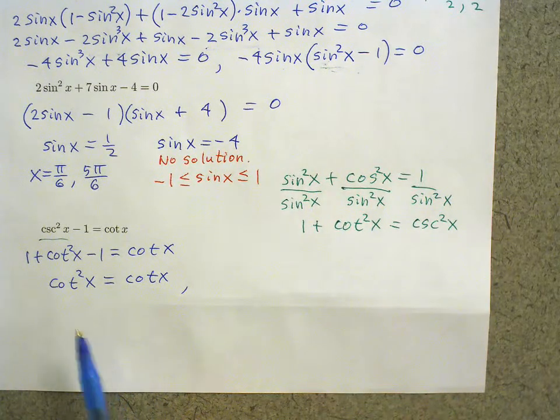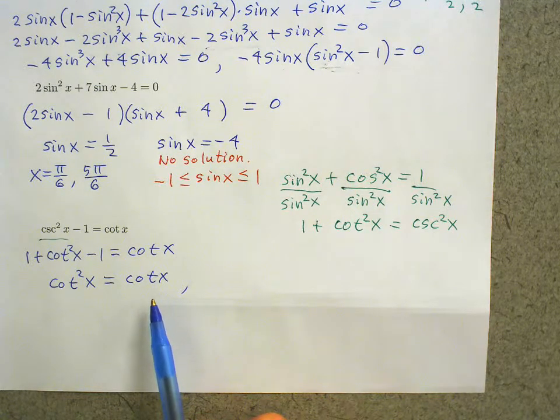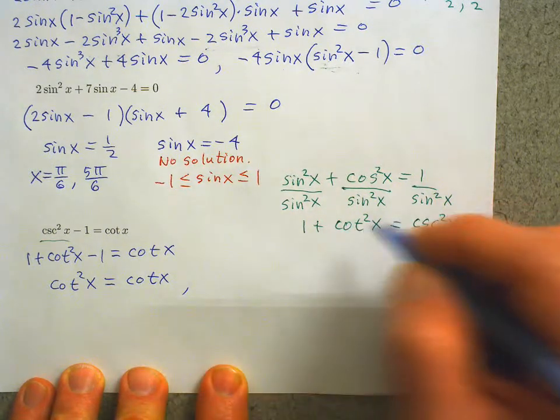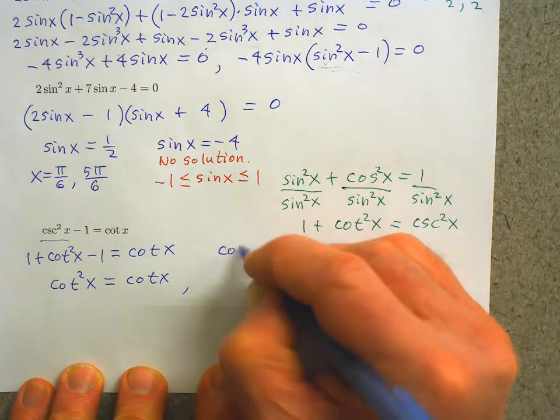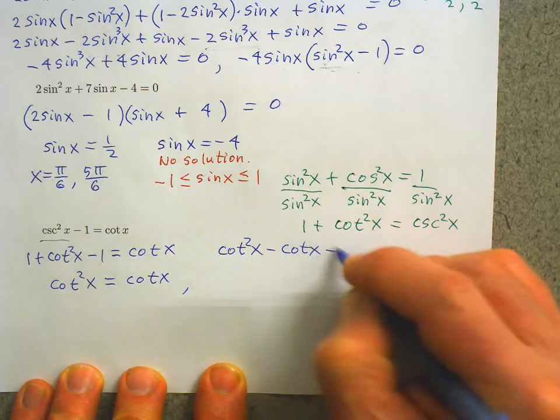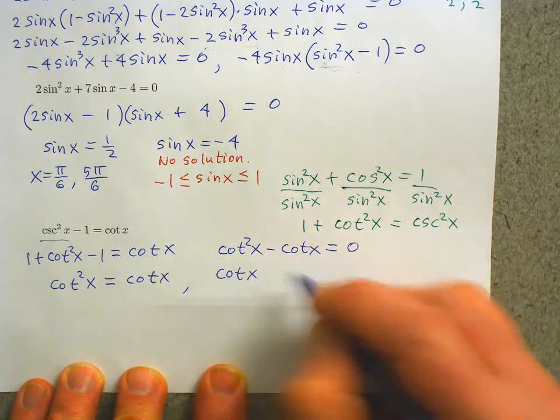If you are tempted to divide both sides by cotangent of x, well, that will lead to an annihilation of a solution. So instead of doing that, set one side equal to 0. So we'll subtract cotangent of x from both sides, and then factor out cotangent of x.